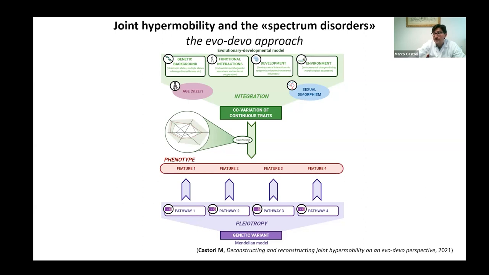The integration model is not opposed to the pleiotropy of Mendelian genetics, but rather considers pleiotropy as only one of the different factors contributing to the eventual phenotype. Hence, according to the integration model, pleiotropy is not the leading force which determines alone the disease onset, as happens in contrast in truly monogenic forms of joint hypermobility, but represents the spatial temporal dimension in which the various other contributors express their role.